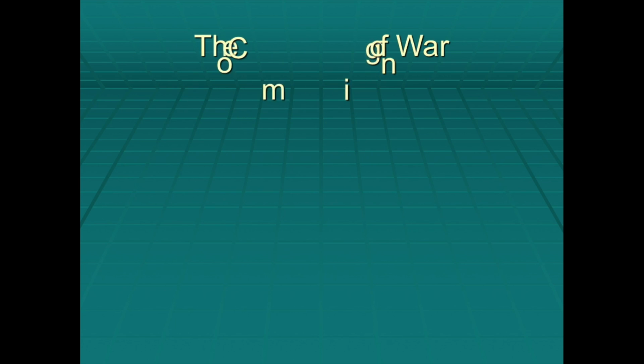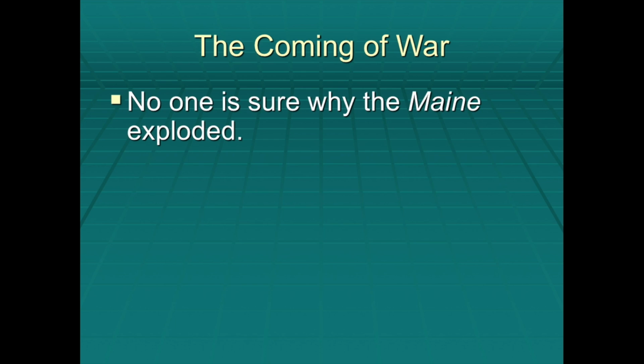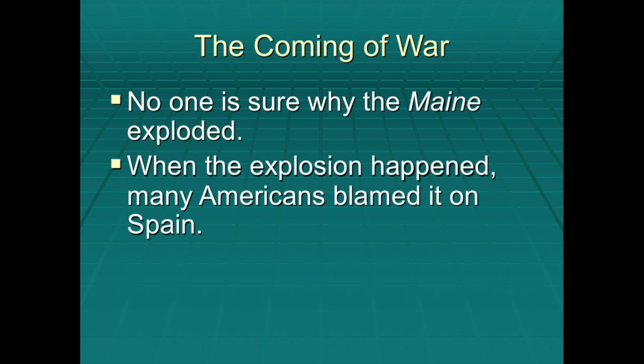The coming of war. No one is sure why the Maine exploded. This is a small ship that could go to seaports and up rivers. The Maine came into a harbor and it blew up. The explosion happened. Many Americans blamed it on Spain.